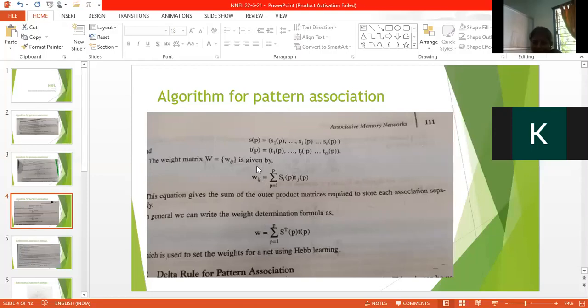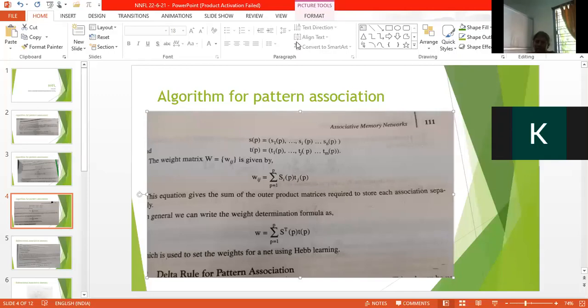The weight matrix is given as the algebraic sum of SP, Tj. This equation is the sum of outer product matrices required to store each association separately. In general, the weight determination formula is S transpose P into TP, which is used to set the weights for the net using Hebb learning. Okay, so net in the sense here, network.